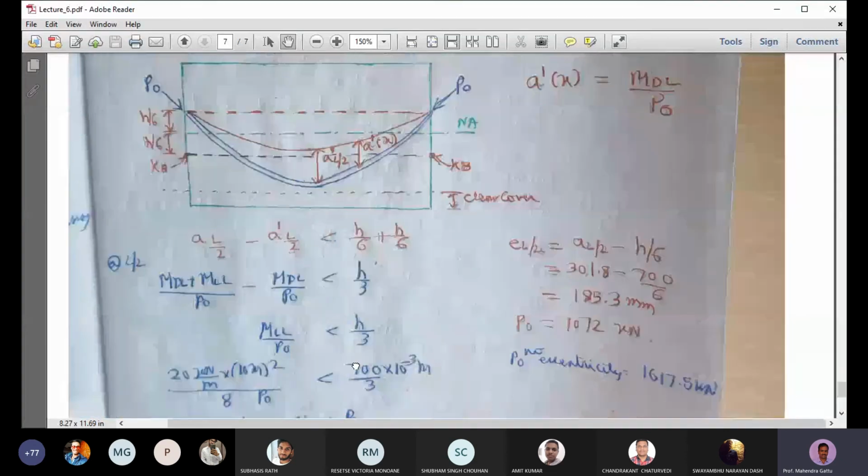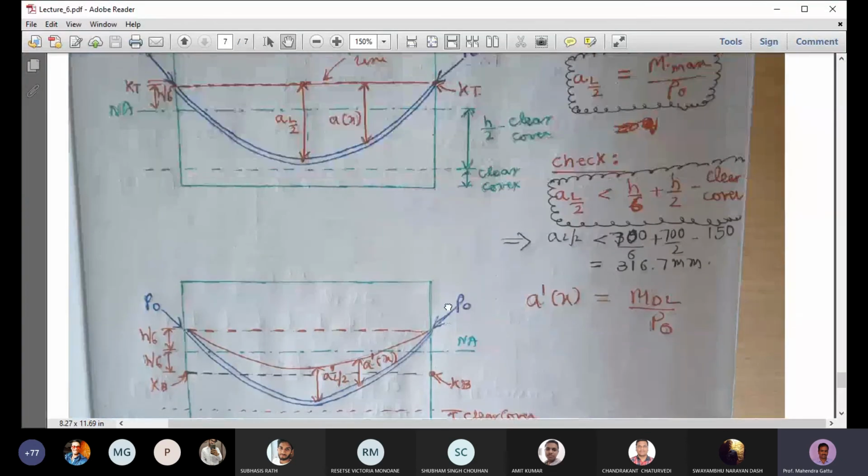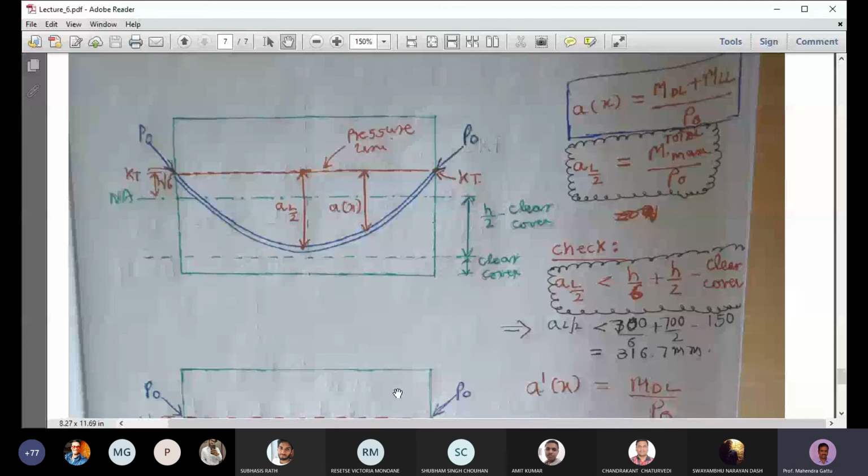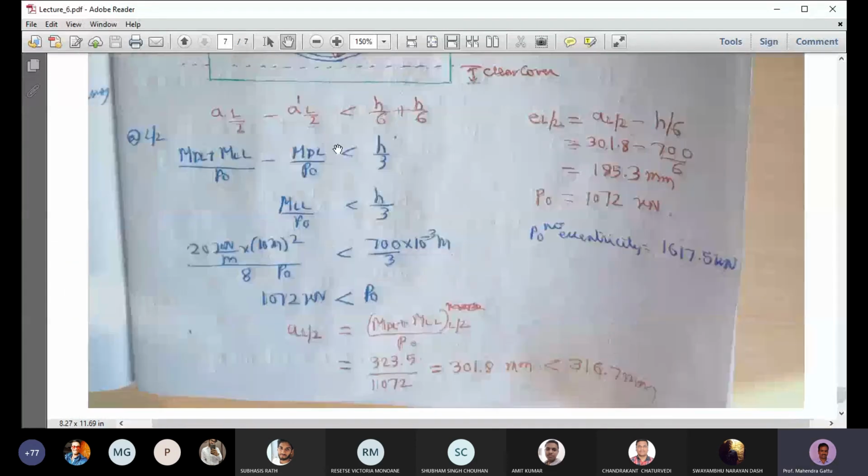And from this we can use this equation here. aL/2 is equal to M total by P naught, and we can get this value aL/2. So we are substituting here aL/2 is M dead load plus M live load by P naught. This value we have calculated: it is 323.5 kilonewton meter by 1072 kilonewton.